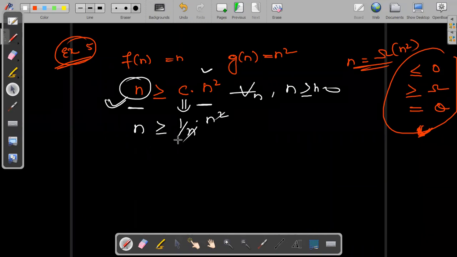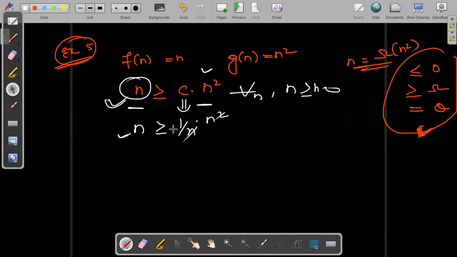So we cannot say that every time we will get the left side greater. We cannot prove that this is always greater like that. Sometimes it may be equal also. Yes or not?